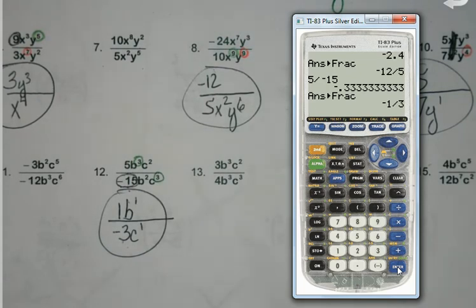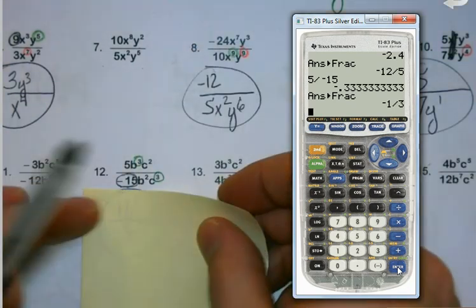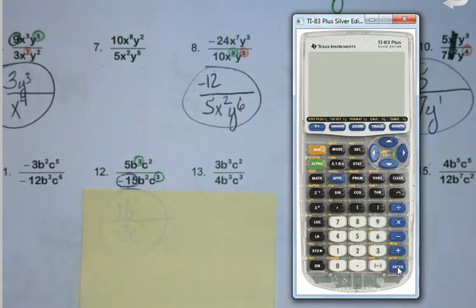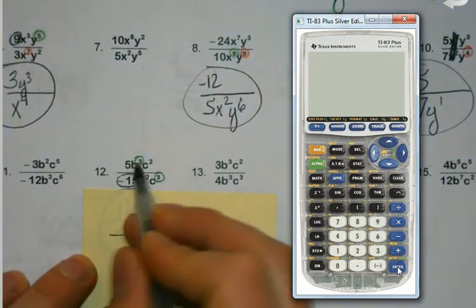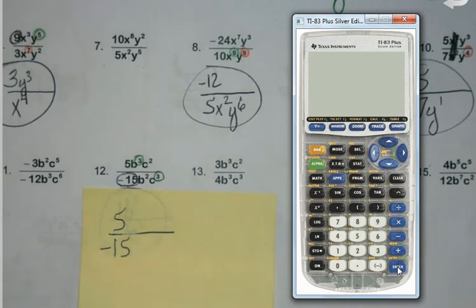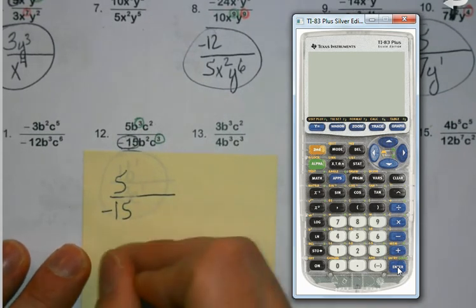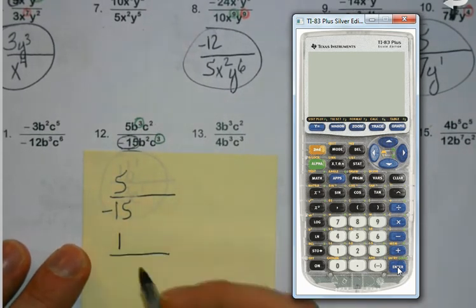Okay, 2 separate things going on here. When I start this problem at the beginning, I'm not even going to worry about the variables yet. I've just got this 5 over negative 15. If I'm just reducing a regular fraction like I normally would, I can divide each of those by 5. So 5 divided by 5 is 1.